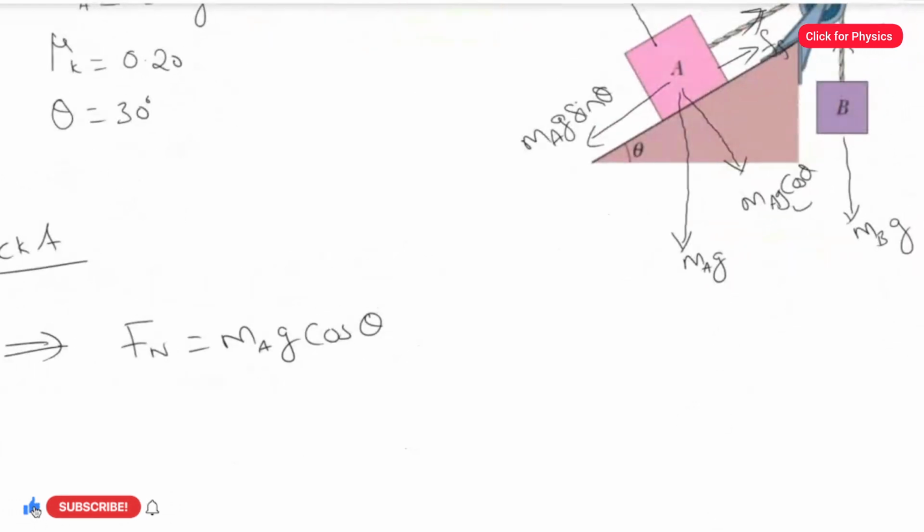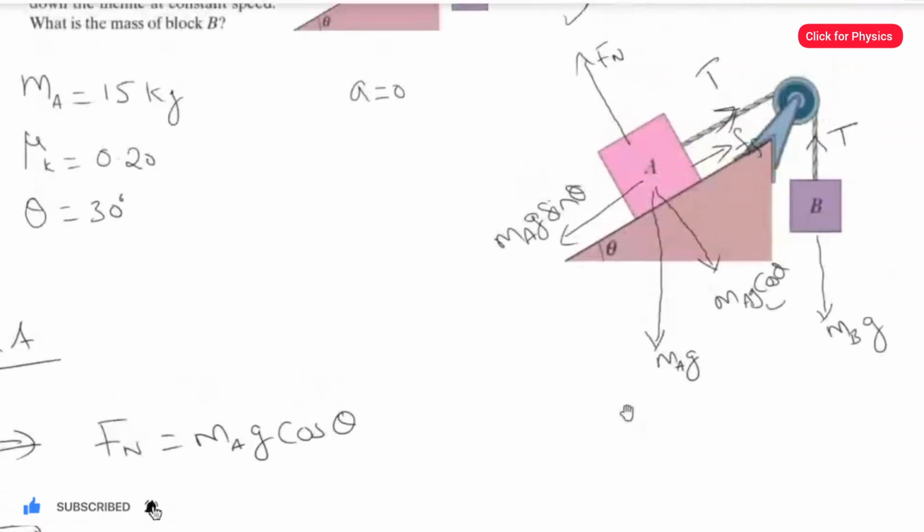When we come to the sum of the forces in the X direction, we have to see the figure: tension and the friction force will be in this direction, and MA G sine theta will be in the opposite direction.